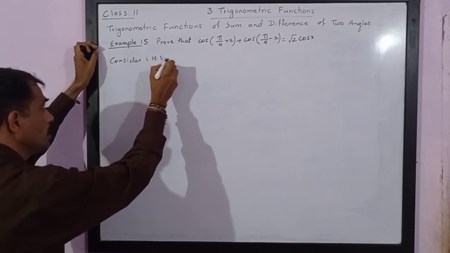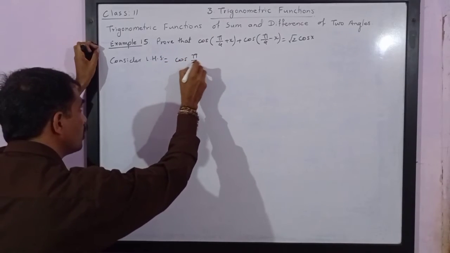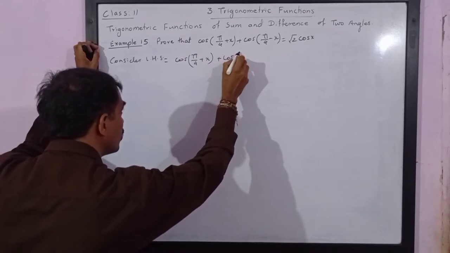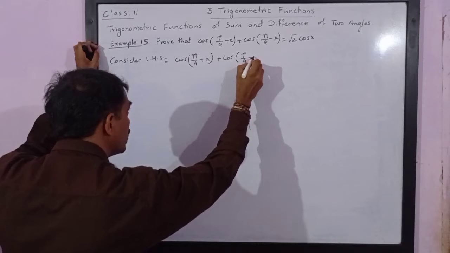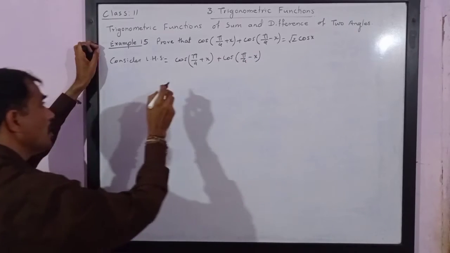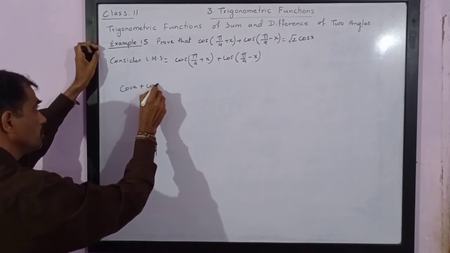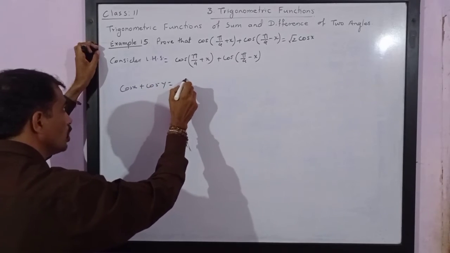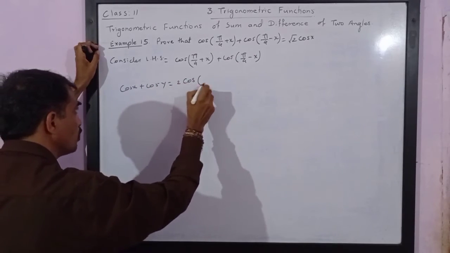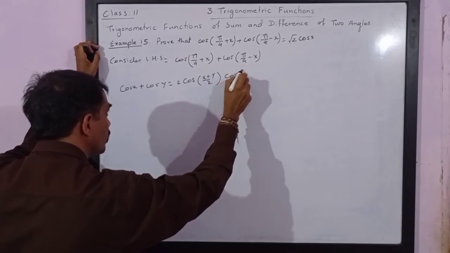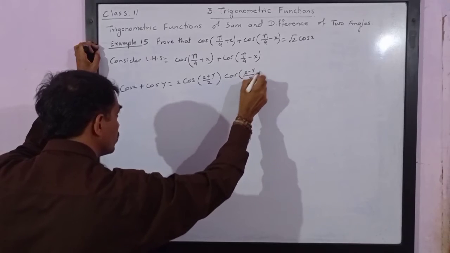We have LHS is equal to cos of pi upon 4 plus x plus cos of pi upon 4 minus x. Now we have studied the identity cos x plus cos y is equal to 2 cos of x plus y upon 2 into cos of x minus y upon 2.